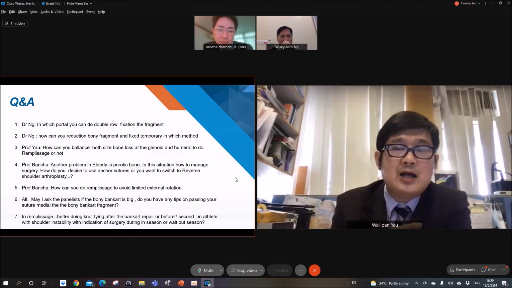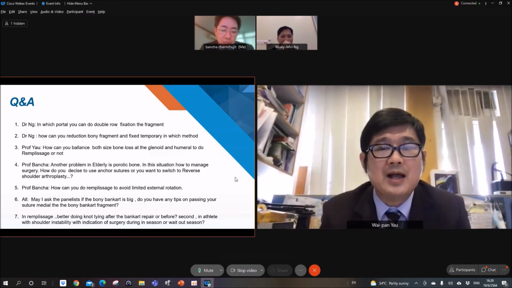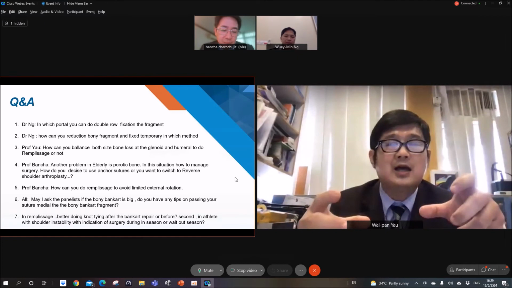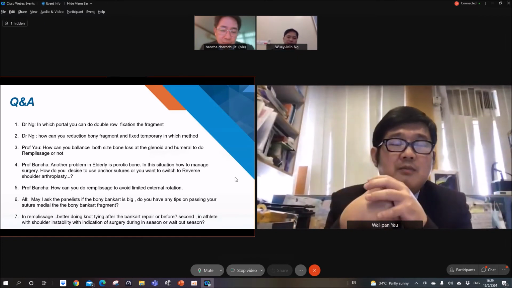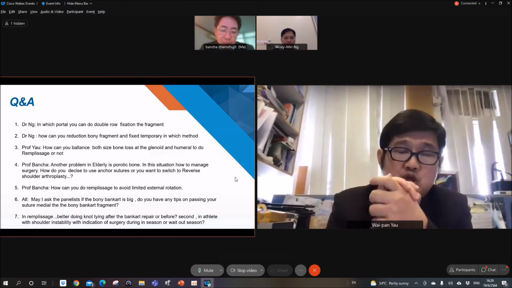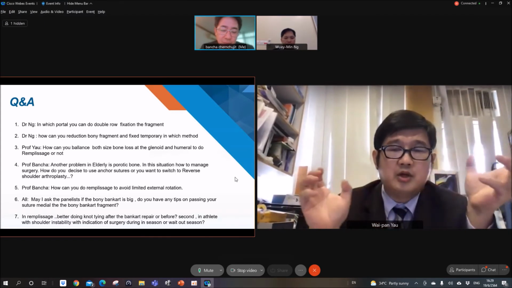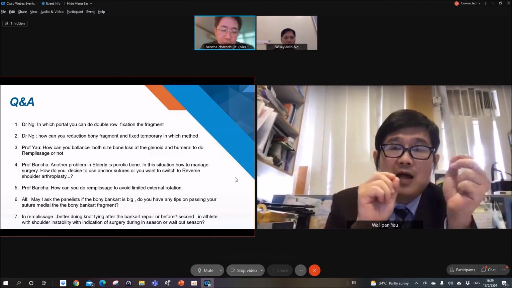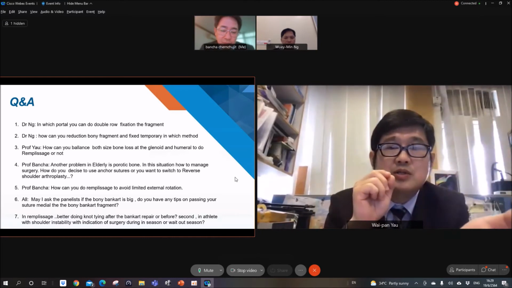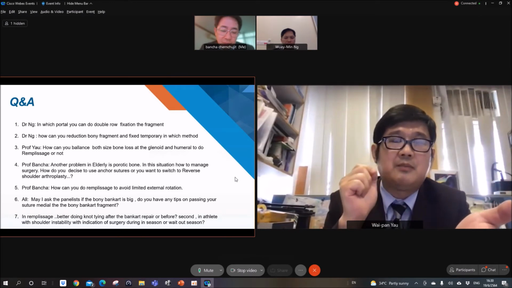I will put suture anchors superior and inferior to that to reduce the Bankart first. After the Bankart is reduced, then I can drill the transosseous tunnel and put the button on the two sides. But without tightening the button, you can still do some manipulation to make the bony fragment in a perfect position. Then you tighten the button.